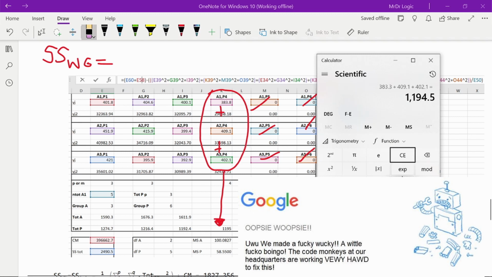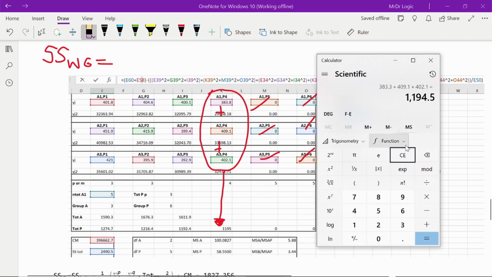Wait a minute. I think I might have added them wrong. 409. Oh, I put that as a 3. Whoops. Okay. Alright, so let me do that again. Yeah, I did add them wrong. Plus 409 plus 402.1. That's there, and that's the right answer.